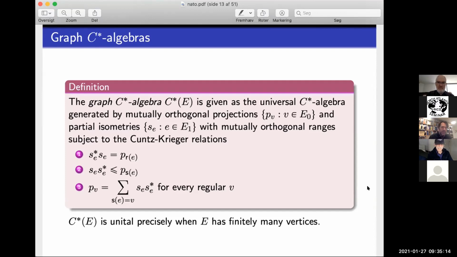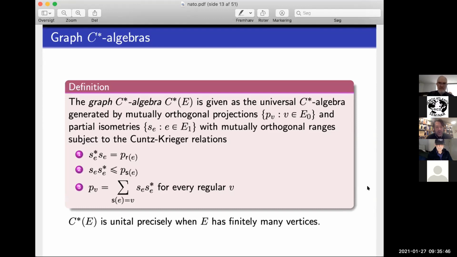They say that the initial projection of the partial isometry corresponds to the projection of the range of that edge. The final projection is dominated by the projection of the source. And when you add up the final projections for the edges that start in some vertex, that should give you the projection corresponding to that vertex.